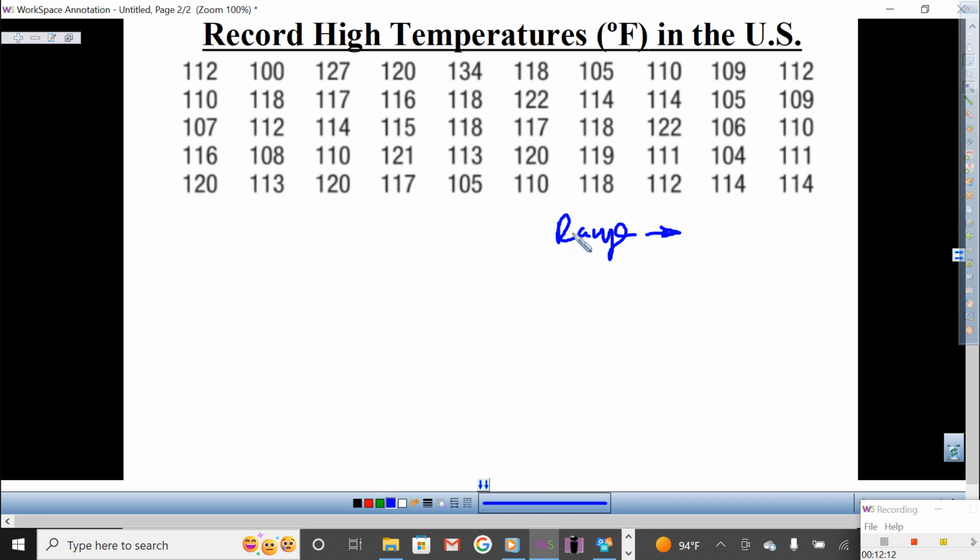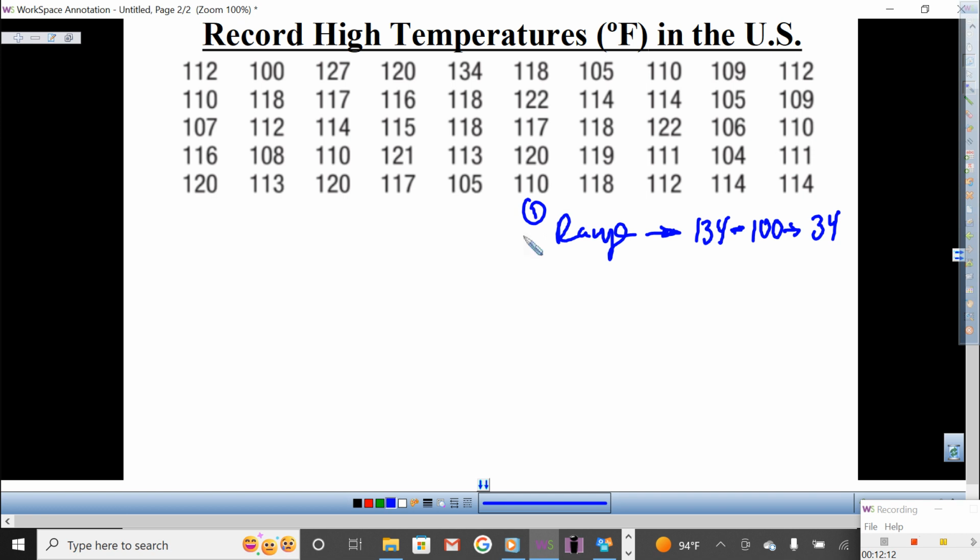I'm going to start with the highest because it's the range. Andrew, highest? 134. Minus, what's the lowest? Everyone? 100. So my range is what? 34. Okay, so step 1, you identify the range.